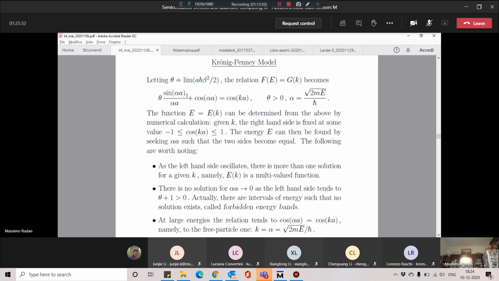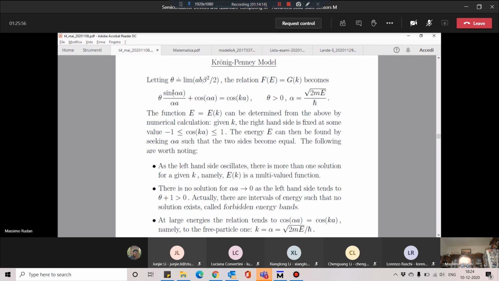For instance, we can try to see what happens when the energy goes to 0, when we are at the bottom of the lower band. When the energy goes to 0, alpha goes to 0, because alpha is proportional to the square root of the energy. So when alpha goes to 0, the cosine goes to 1.